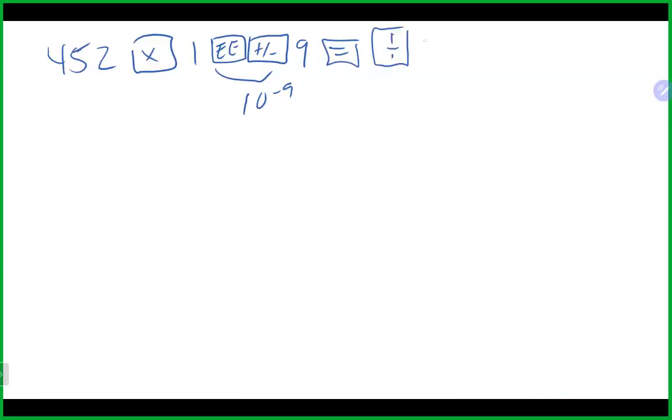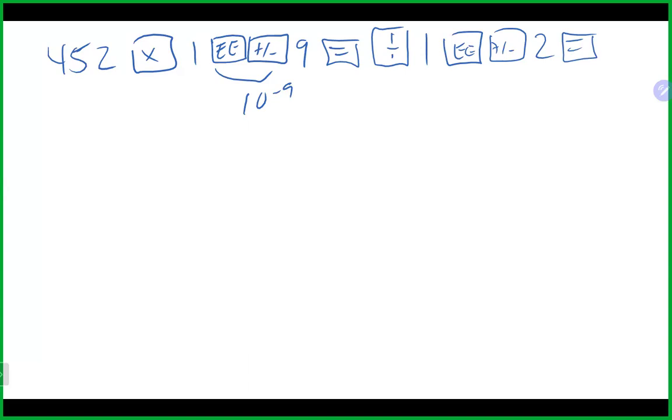You hit divide, put it in with your exponent button, minus 2, and then obviously hit equals. And then again, it will probably spit it out to you on your calculator in decimal form: 0.000452. Other questions on that?